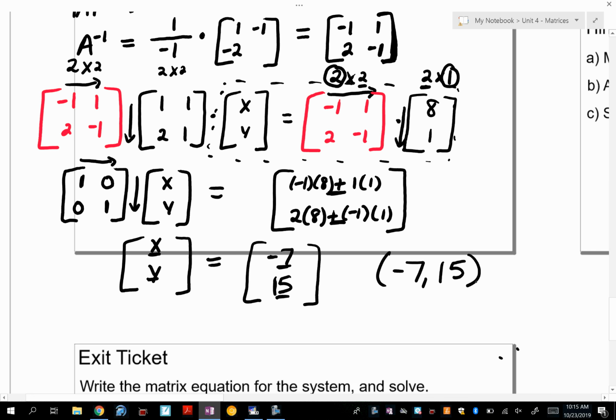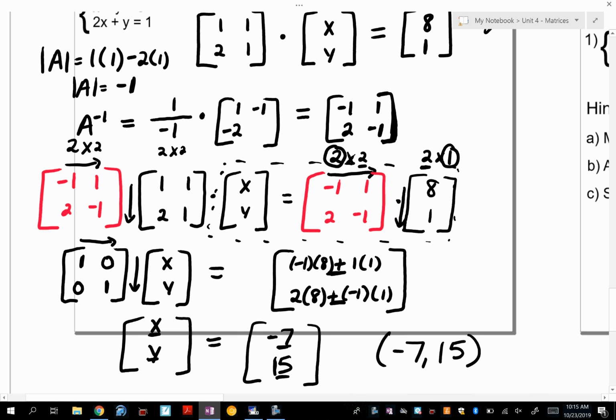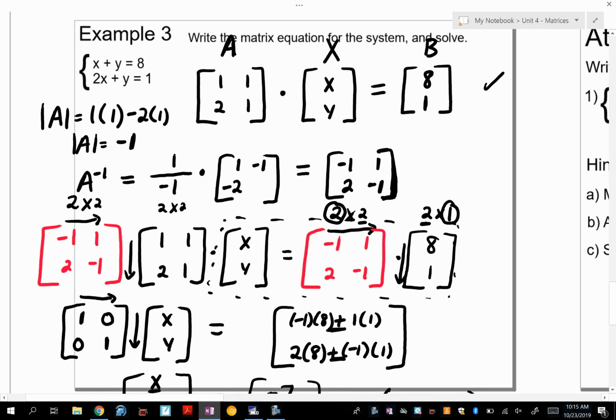Now, what I want to make sure you understand is what work do you need to show, right? Because on the test, you want to make sure you get full credit. So you have to start out by showing the entire matrix equation. So when you practice, start with the matrix equation.